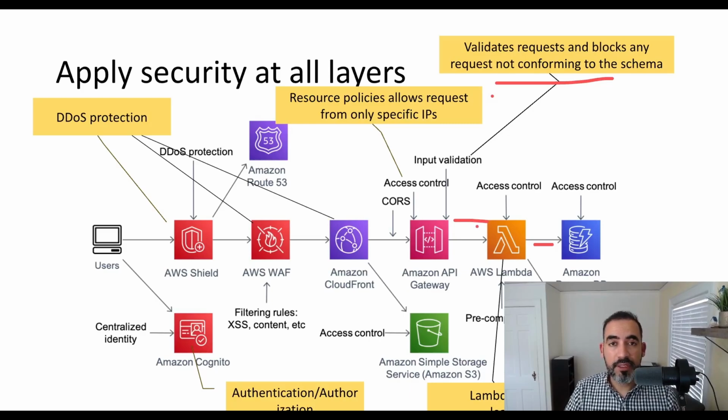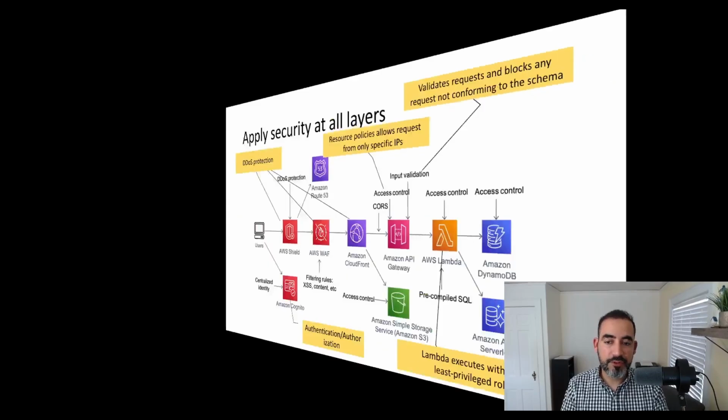I recently did a video series on building serverless applications using CDK. We did implement this principle in the Lambda role. Basically, the role was only given access to the one table that the function was querying. So here we are seeing the principle of least privilege access in action.